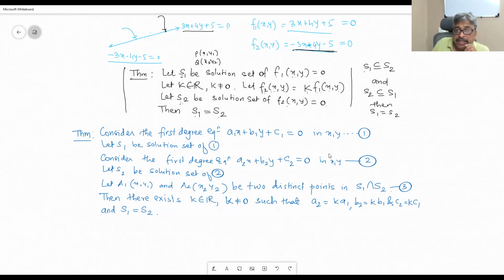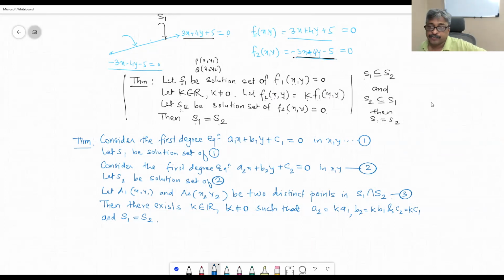If any equation in x and y is given to us which is linear, that means it is of the form a1x plus b1y plus c1 is equal to 0, no matter what these coefficients are, with the power of x being 1, the power of y being 1, and a constant term, that is what is linear. If every degree 1 equation in two variables represents a straight line, that is what we want to prove.